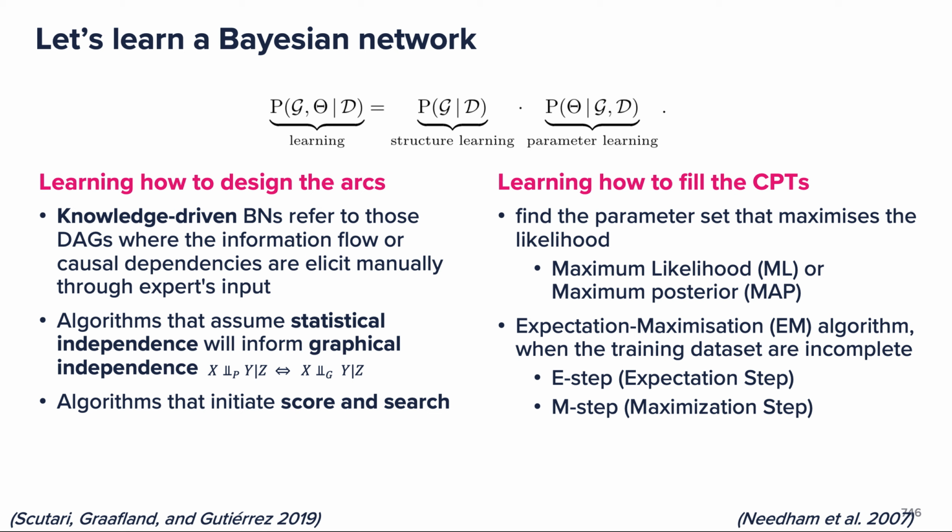There are also some other different algorithms, basically score and search. This is a little bit of a different approach of using statistical independence informing graphical independence. In these types of algorithms, the score and search ones, it generates different types of structures and gives each an overall score.